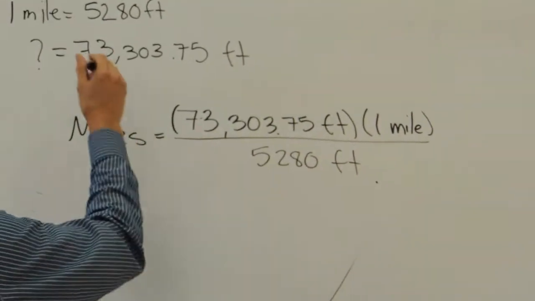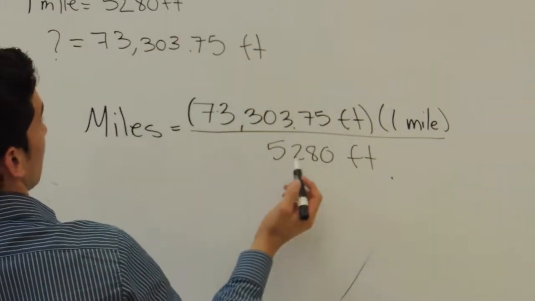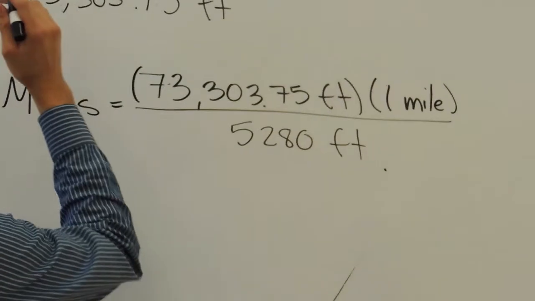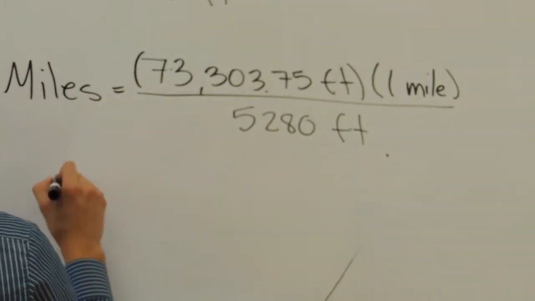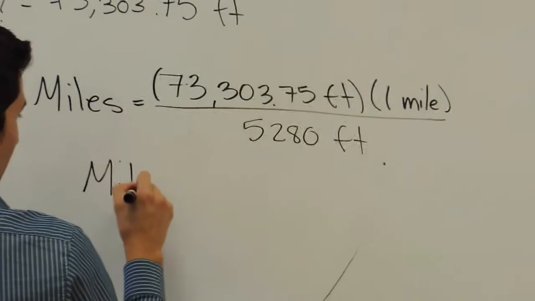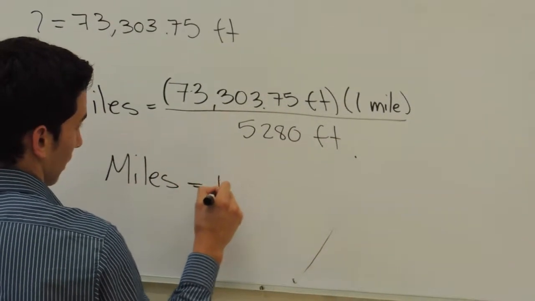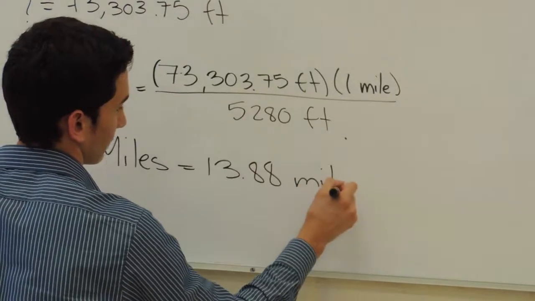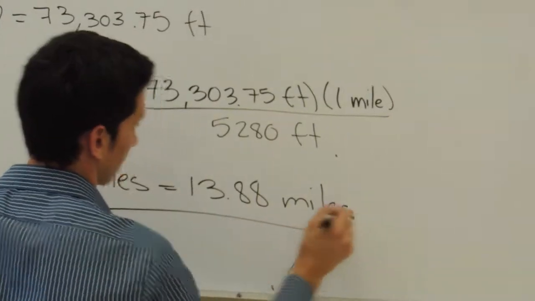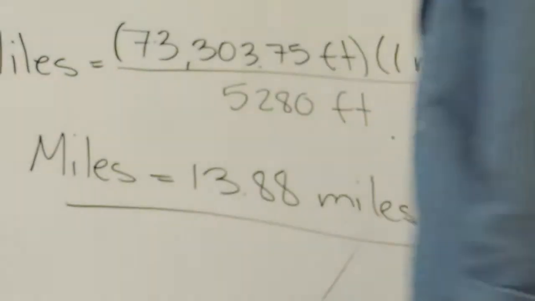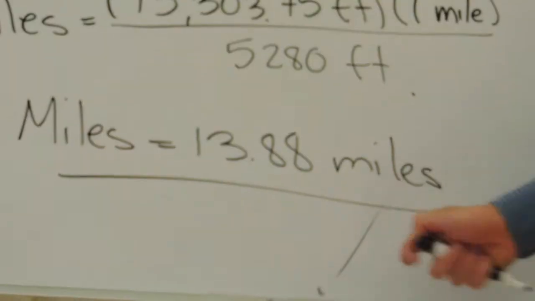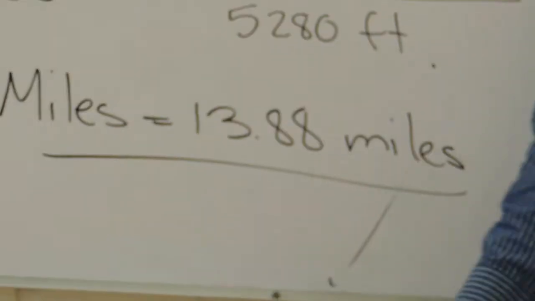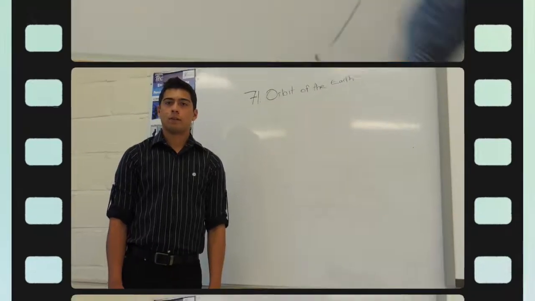So we multiply the result times 1 divided by 5,280, and the result is 13.88 miles. So this is the distance that the car travels.